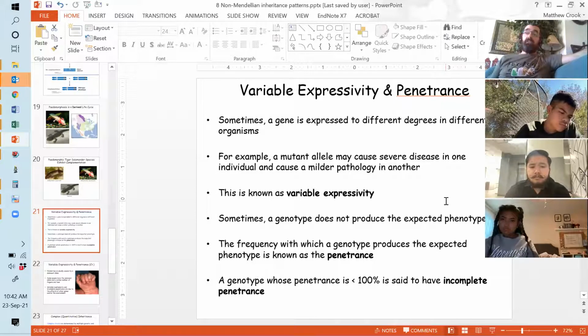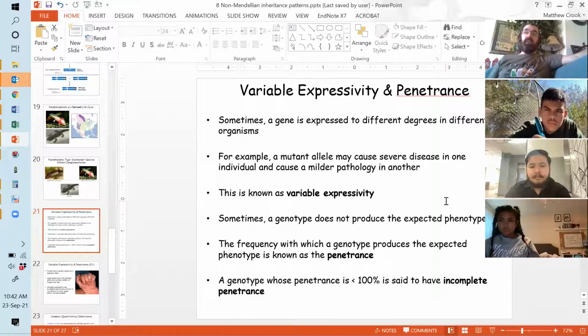And actually a really good example of that are the BRCA1 and 2 genes that we talked about earlier in the cell cycle checkpoints. If you're homozygous recessive for both, 70% of individuals will develop breast cancer. 30% of individuals with the same genotype will not.